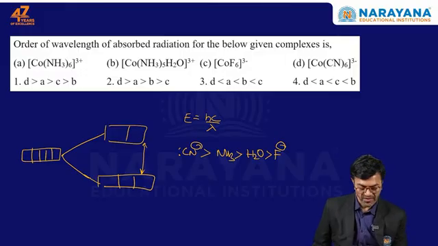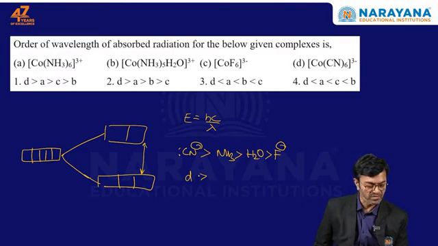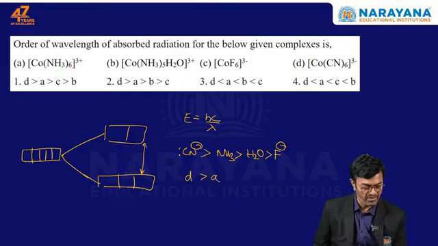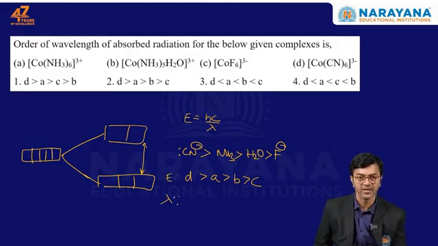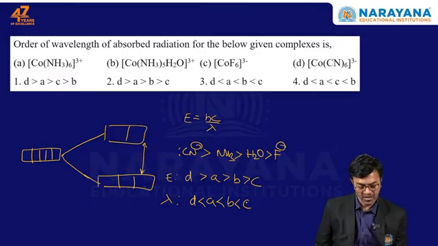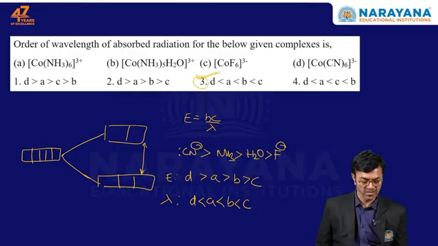So if I write the energy order, meaning the frequency of light which they absorb: the CN complex, that is D. Then the amine complexes, A has 6 amine ligands and B has 5 amine ligands. That means next will be A, then B, finally C. This is the energy order. But energy is inversely proportional to lambda and the question asks for the lambda order. Therefore it will just be reversed. D is less than A, less than B, less than C. That means D, A, B, C, so option 3 will be the correct answer for this question.